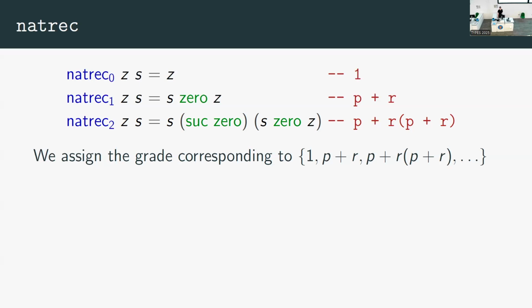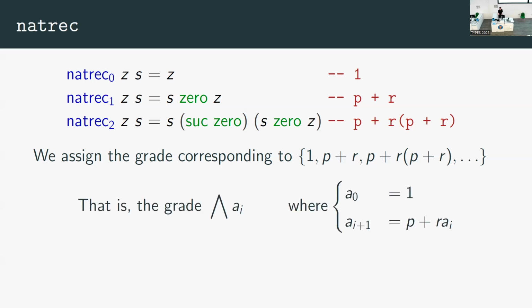So either the predecessor can be used, or the recursive call can be used, exactly once in either case. Going back to the actual way we express this with the subsumption rule, what we really do assign is the grade that's the greatest lower bound of all of these grades that we have in this set interpretation.